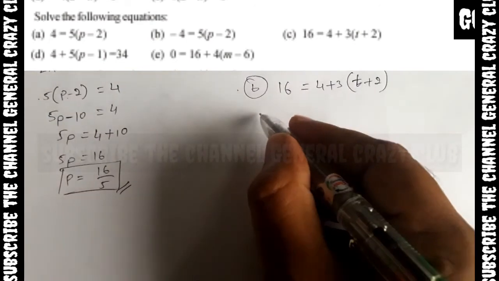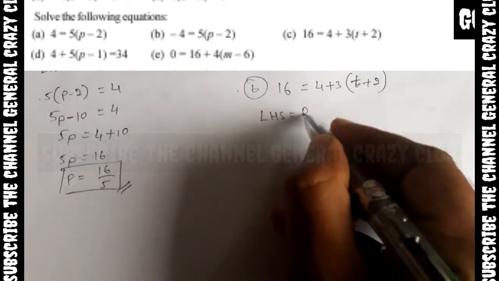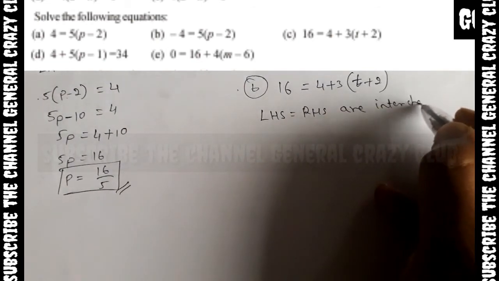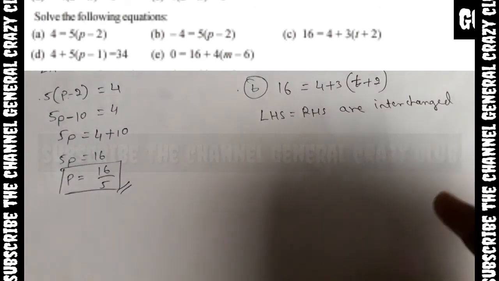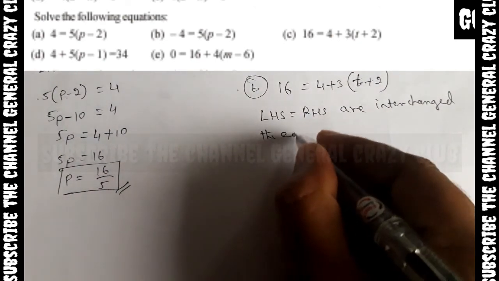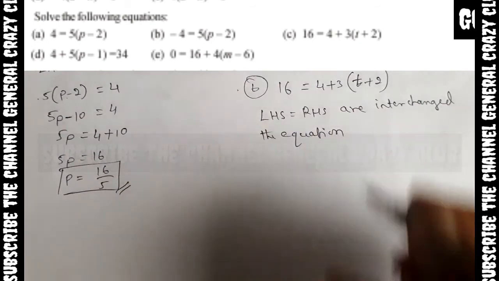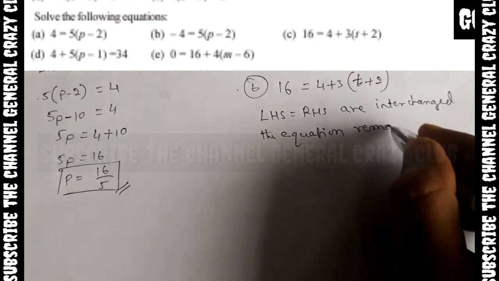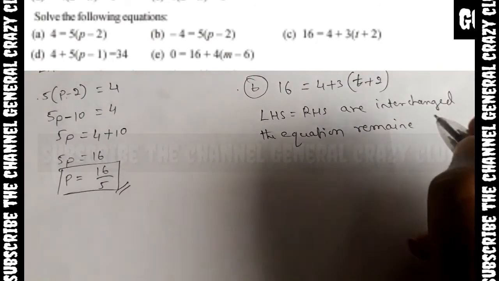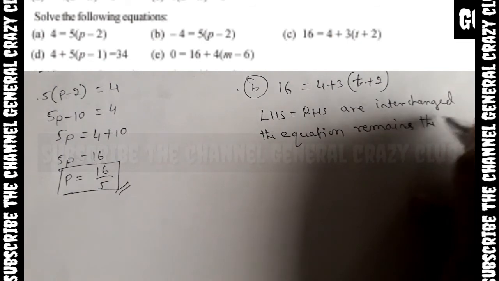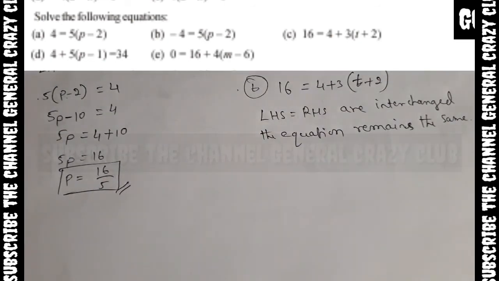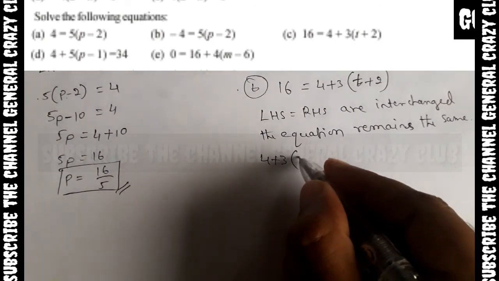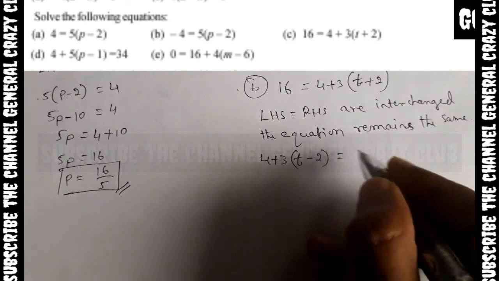We are interchanging the LHS and RHS of the equation. LHS to RHS interchange of the equation, the meaning remains the same. Both remain the same. Understood now? We are writing here 4 plus 3 bracket t plus 2 is equal to 16.